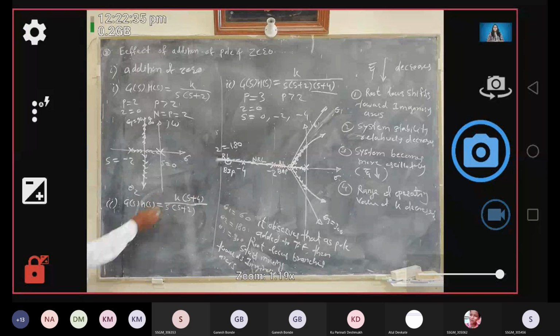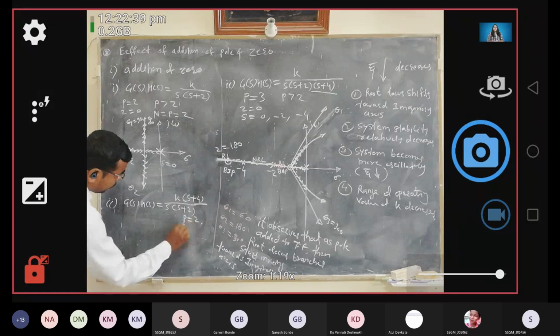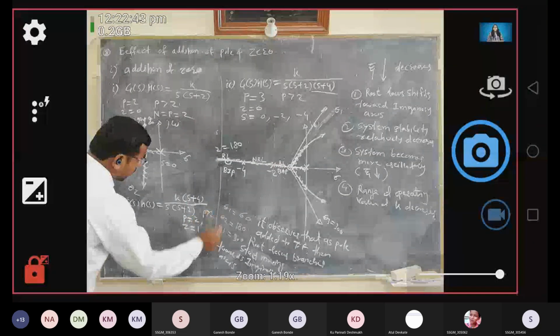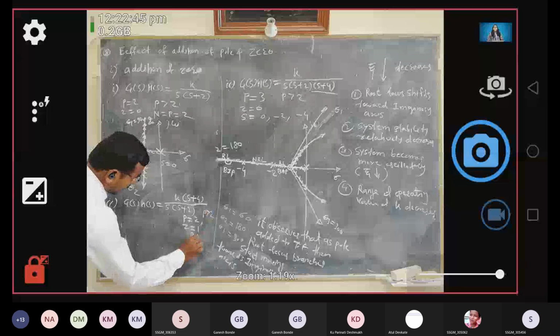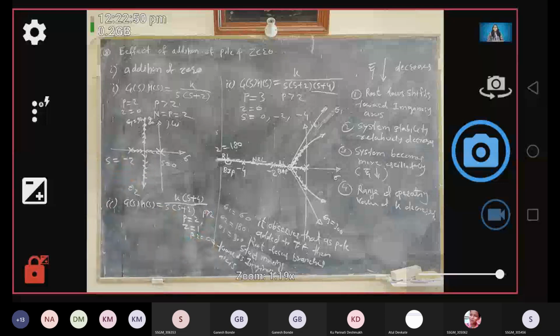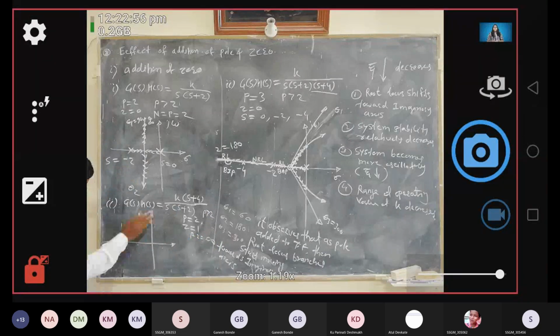Here P is equal to 2, Z is equal to 1. Again P is greater than Z, and P minus Z branches approach infinity. That means one branch can approach infinity. Okay, so we'll try to sketch the rough sketch.